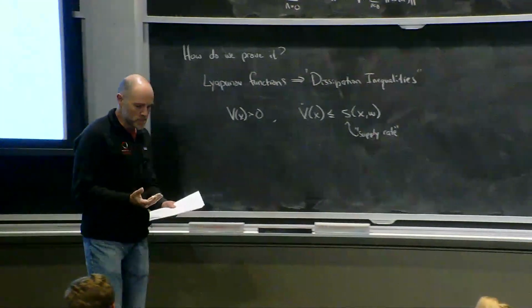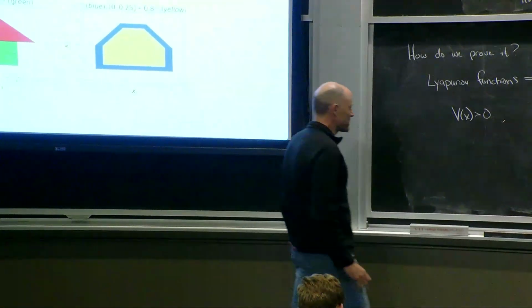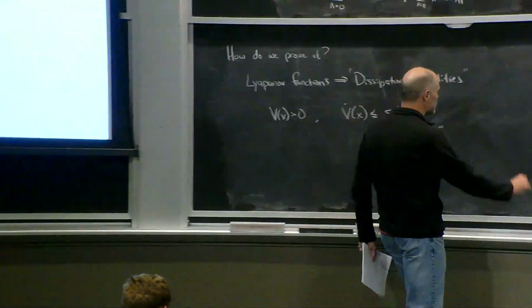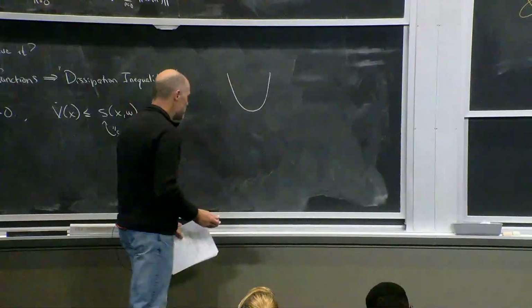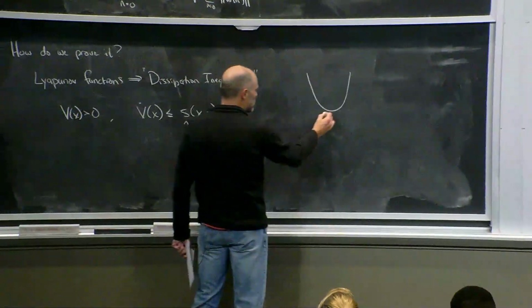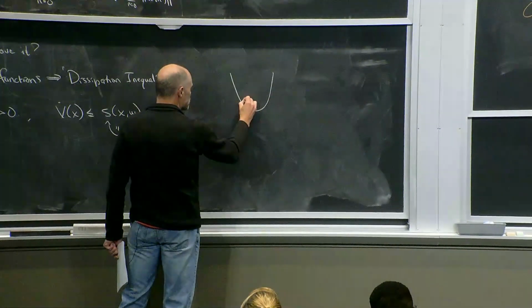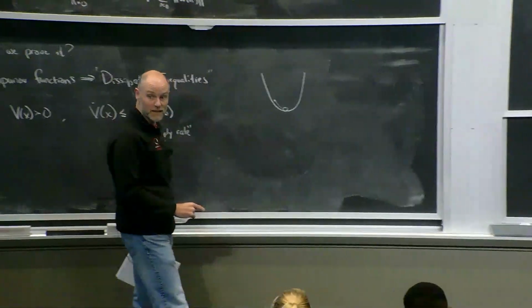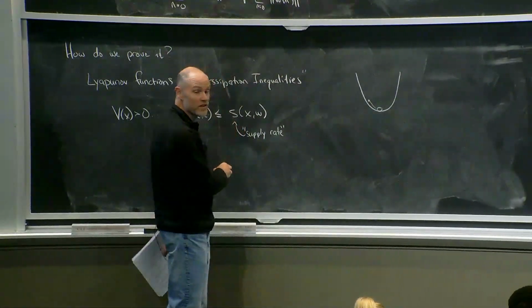The picture sometimes people use to describe this is, imagine I have a storage tank. If my Lyapunov function is maybe some function like this, I have some noise in my system, so I have to admit that it'll somehow go up sometimes. But it's never going to go up faster than the rate.